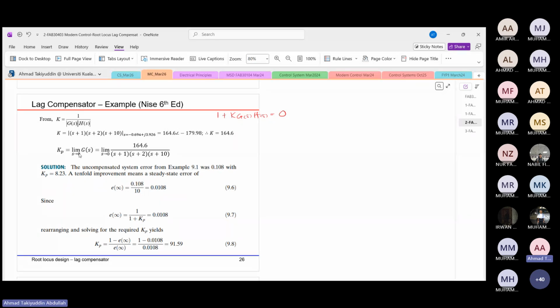And now, if you refer to the example that you have for the lead compensator, it will be K equal to the magnitude of (s+2) squared times (s+3) at the dominant pole value.